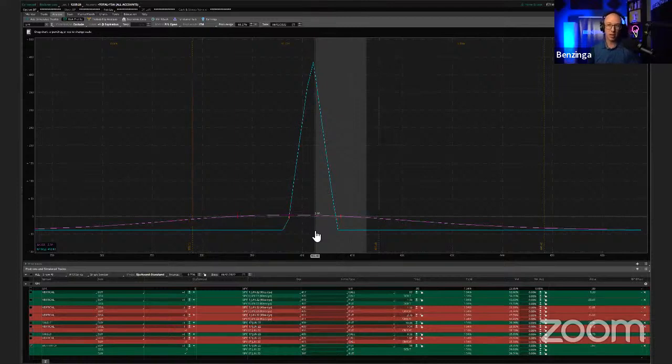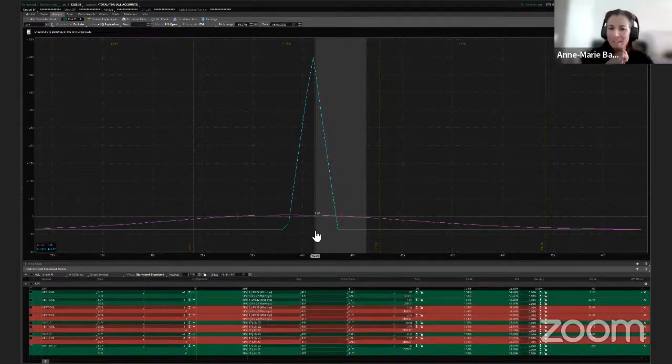And that's where it really helps to have Anne-Marie's expertise saying, hey, take a look at this market condition. This is why this type of structured trade will give you the best bang for your buck while protecting your downside. Exactly.